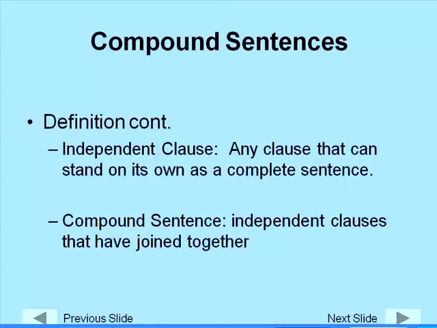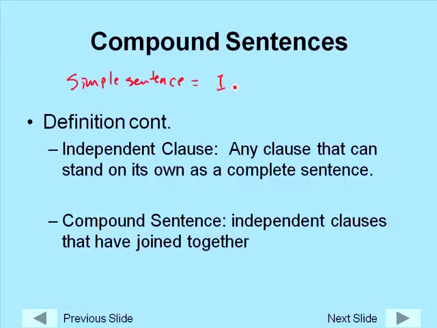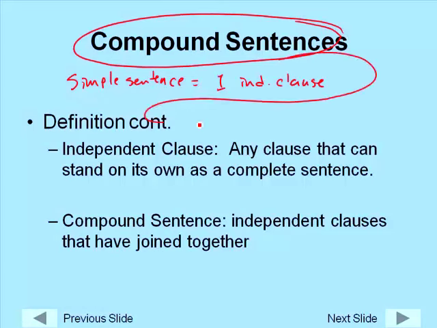A compound sentence, then, is a combination of a couple of independent clauses. Compound sentences are in contrast to what we would call a simple sentence. A simple sentence is one independent clause, and a compound sentence is two independent clauses.